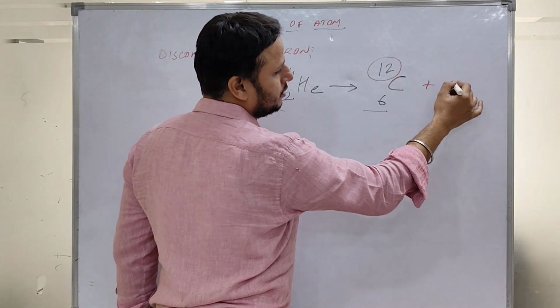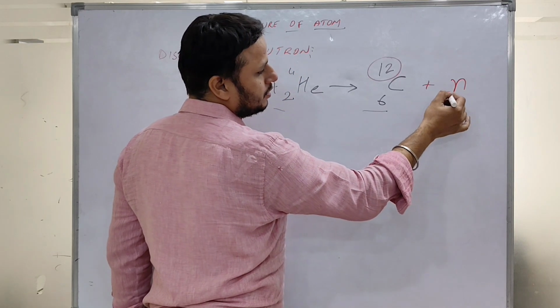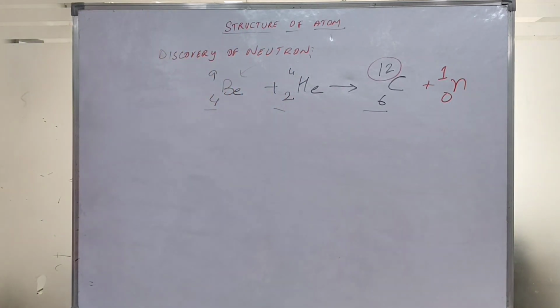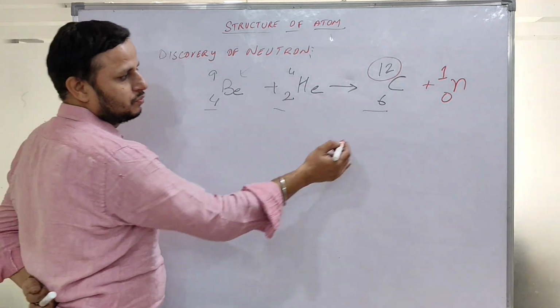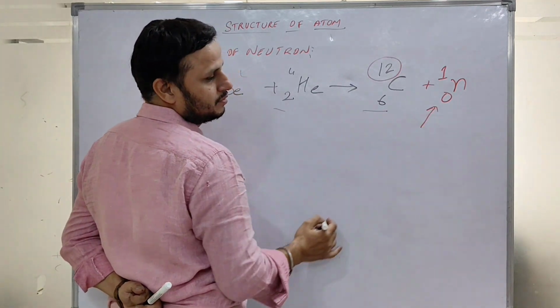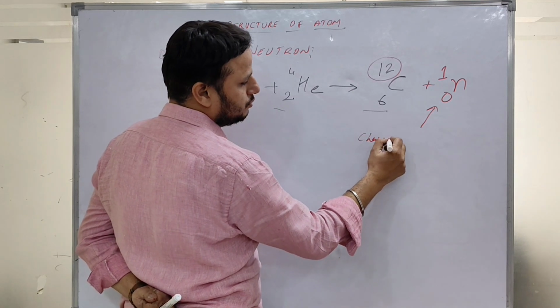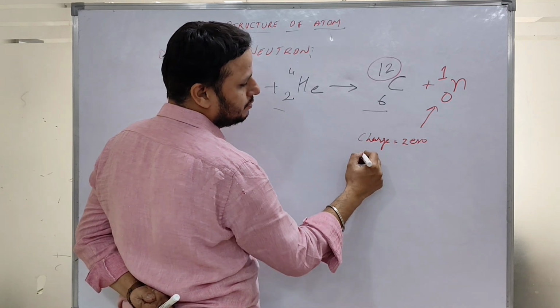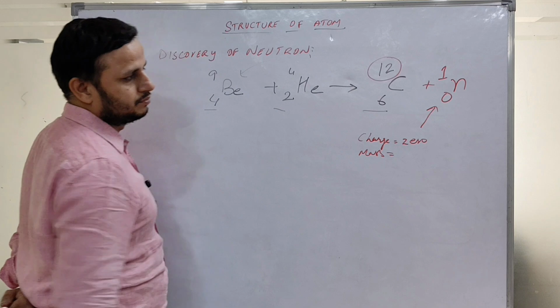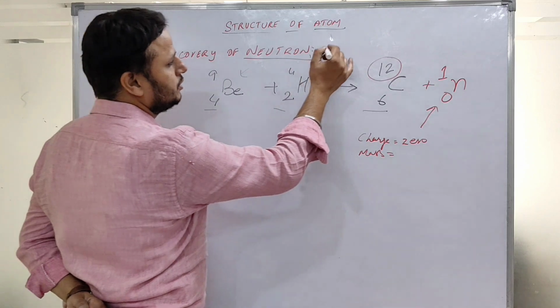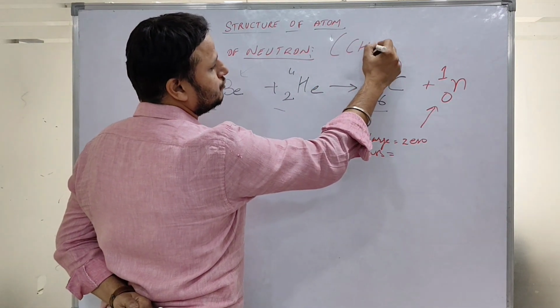So there is one particle, a neutral particle whose mass is 1 and charge is 0. A neutral particle that was named as neutron. It was discovered by Chadwick.